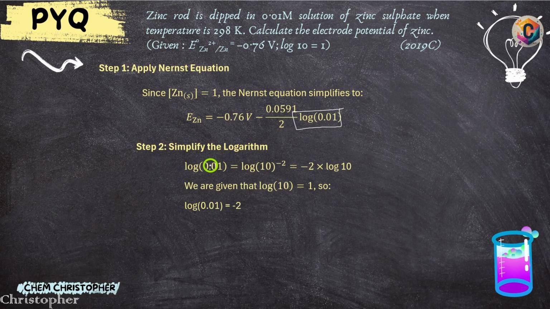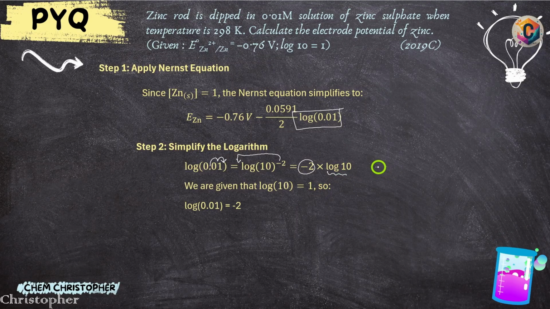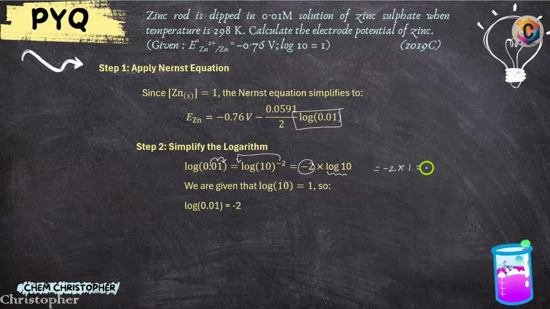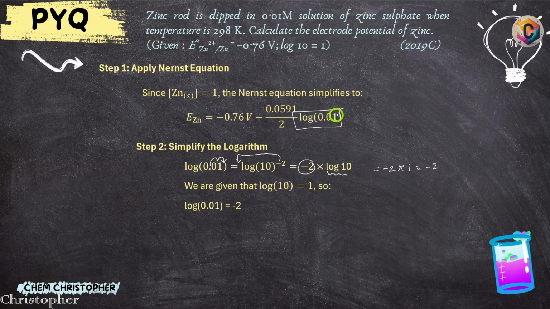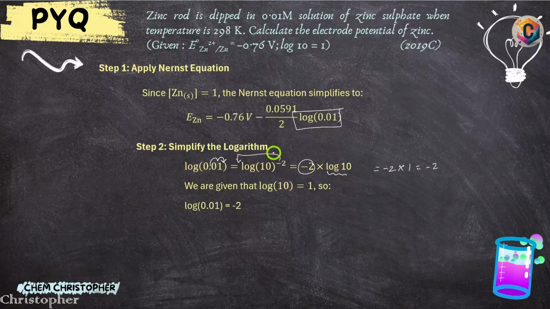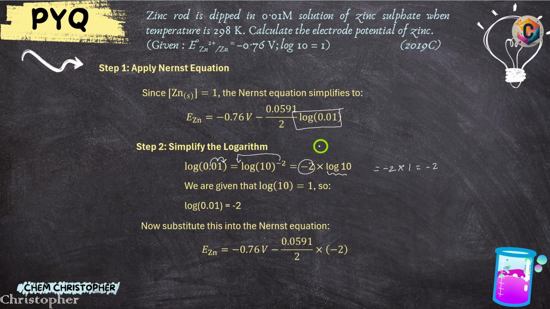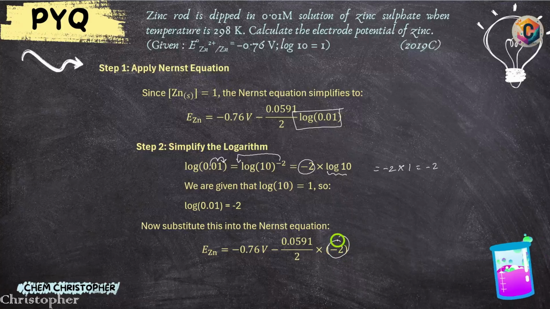If I write 0.01 in terms of 10, since I am moving the decimal place towards the right side, I'm writing minus, and 2 places I'm moving, so 10 to the power minus 2. This power can be brought to the front, so I will get minus 2 into log 10. Log 10 value is 1, so minus 2 into 1 becomes minus 2. So if I simplify log of 0.01, I will get minus 2. So instead of this, I'm going to write minus 2.